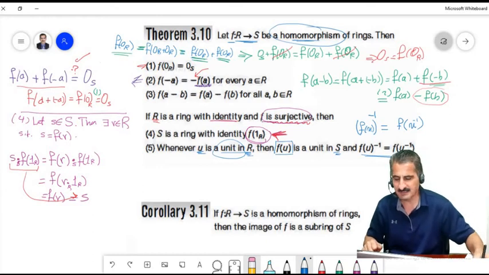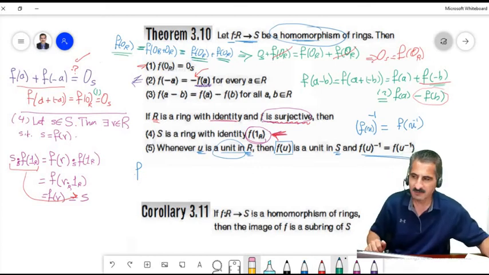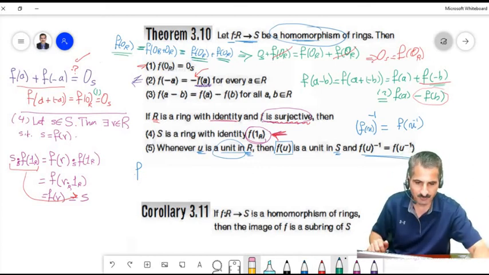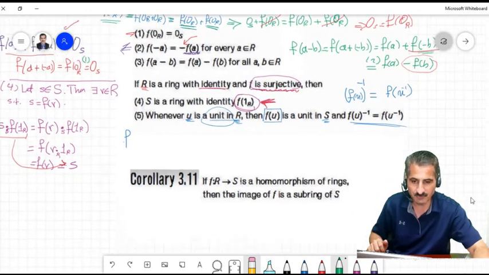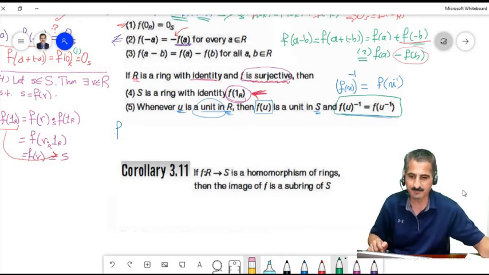So how to prove this? Let me write to prove this. I want you to know what we want to do so that the things come clear to you. To prove that, let me square it in green. We want to show that f of U times f of U inverse inside here is the identity of S. Do you agree?